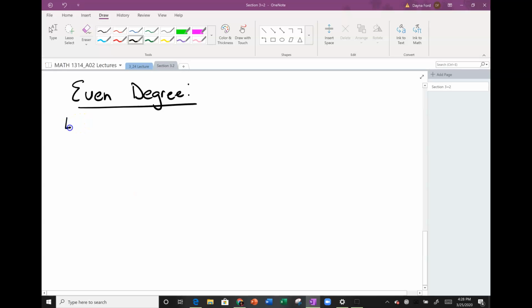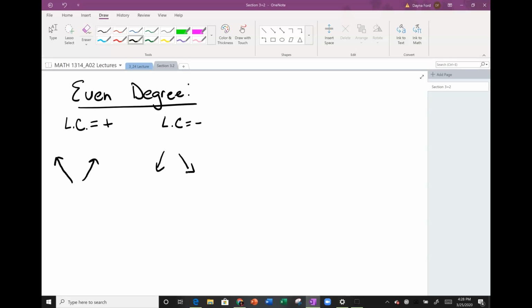if the leading coefficient is positive, we're going to have end behaviors where they both go up. Think about a parabola. They're both going up. Okay? If our leading coefficient is negative, our end behaviors, meaning what the arrows look like, they're both going to be going down.